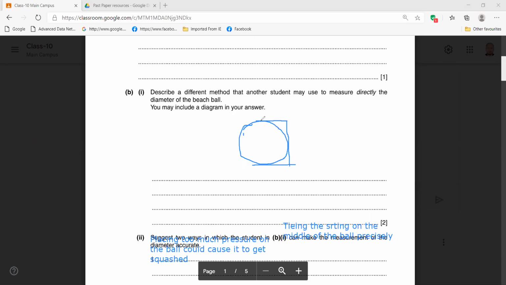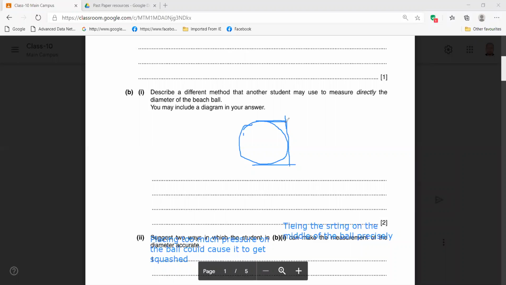So this gives you the measurements accurately. If the meter rule or measuring tape is used, someone has to hold it here. If you are using measuring tape, then you can check it correctly over here.